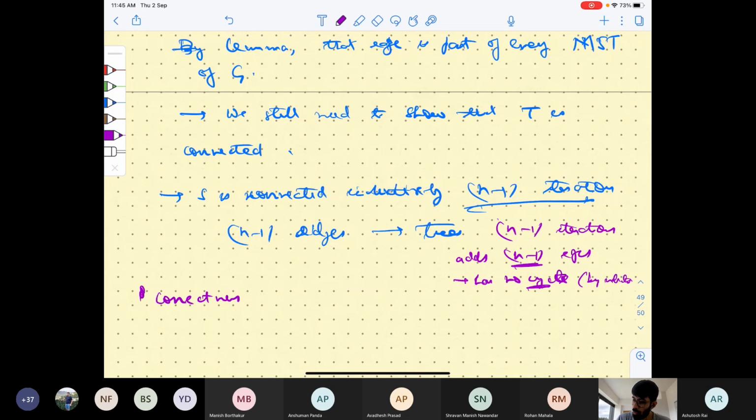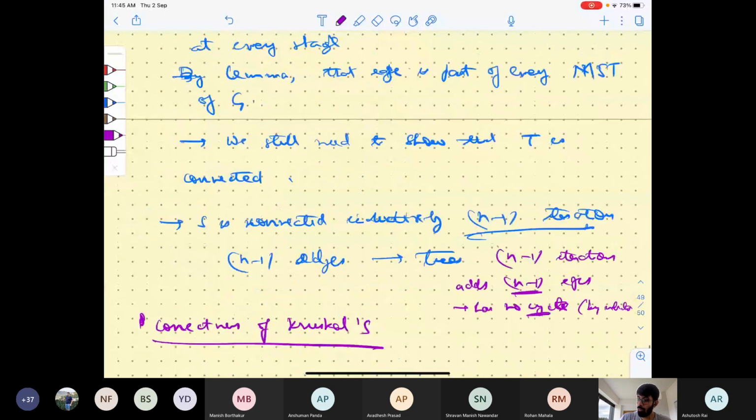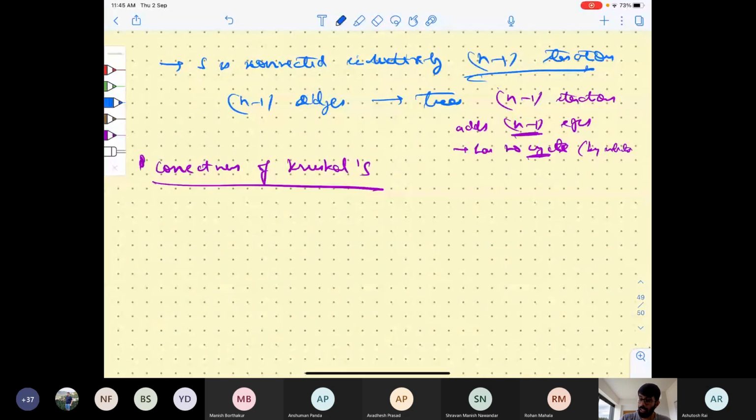Okay, so let's now do the correctness of Kruskal's. Good. So in Kruskal's, we just add an edge arbitrarily from somewhere to somewhere, right?